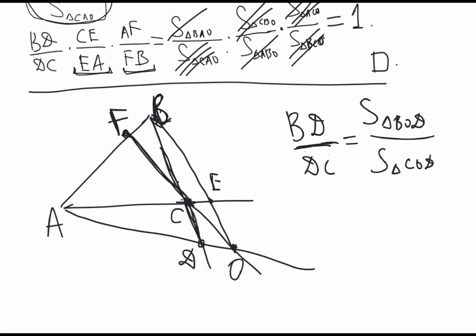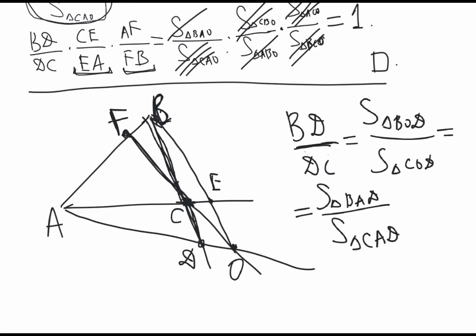So this remains correct. But then for the other triangle, BAD over the area of CAD, this is also correct.